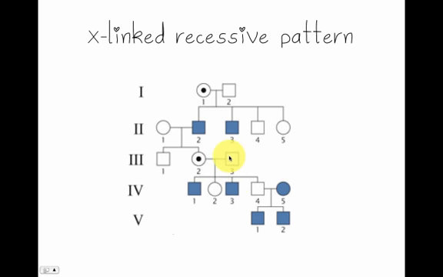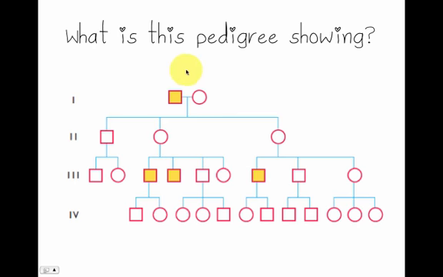So hopefully you remember some of those rules. And we'll have a little practice with this one. I want you to give this one a go and determine what type of inheritance it is.